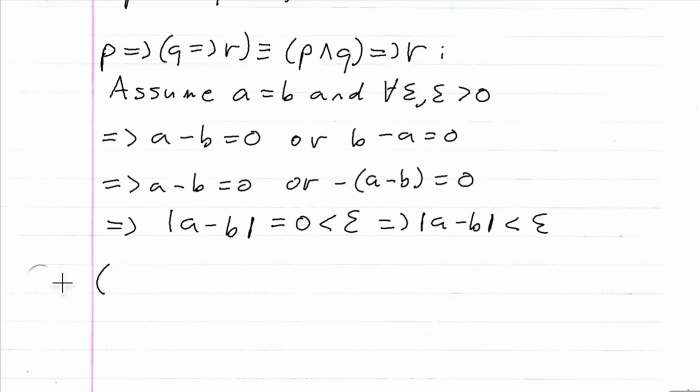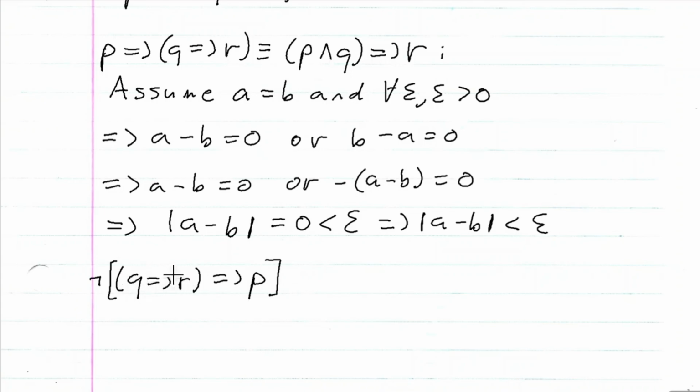We have to show that Q implies R implies P. But what we can do here is do it by contradiction. Remember, for contradiction, we assume the negation of the statement, and if we can arrive at a contradiction, that means the original statement must have been true.